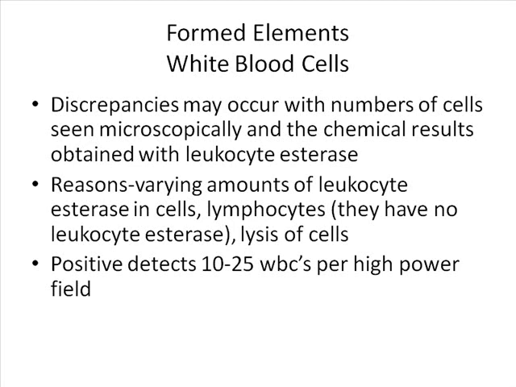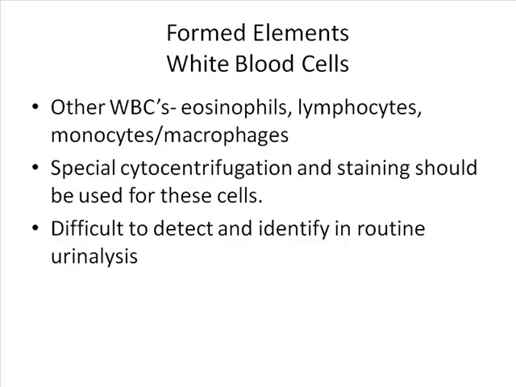Because you should have some cells there. I've always gone back, and if I didn't see anything, I would re-dip the urine and even make a notation: double-checked, and it's still positive, but I'm not seeing those cells. WBCs other than neutrophils can be present, but of course you're not going to have a positive.